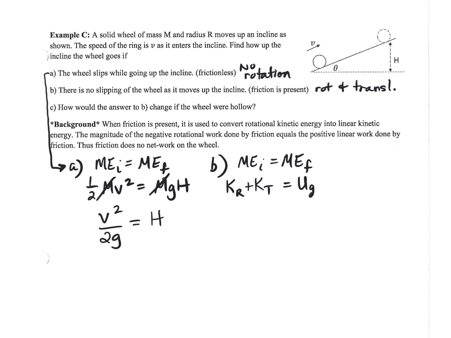So now we have to do 1/2 I omega squared plus 1/2 mv squared equals mgh. So here's my question. Here's a good thought question for you. If it's also rolling while it's translating, is it going to get as far up the incline?